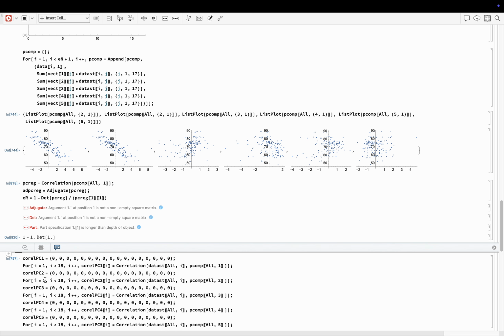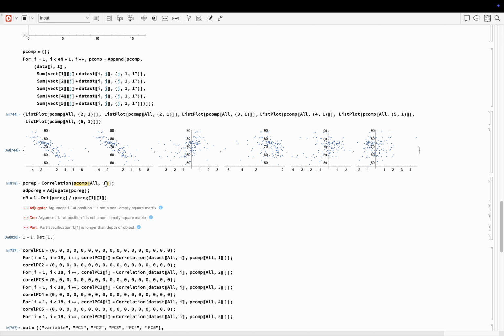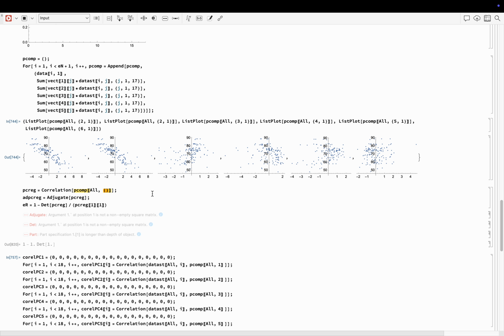It doesn't work. Sorry, something is wrong. Yeah, okay, so this previous one was probably with the first component. Yes, because our dependent variable is the first one.